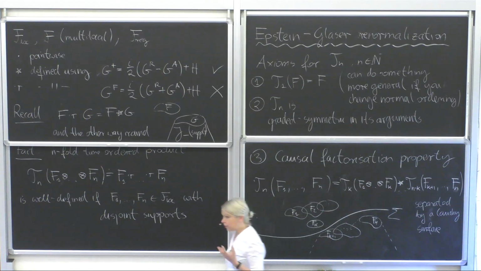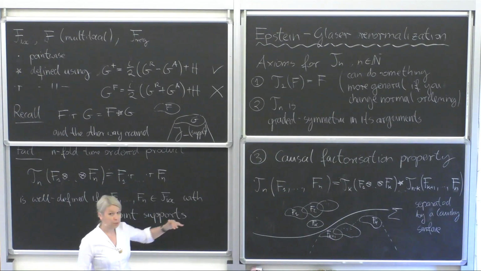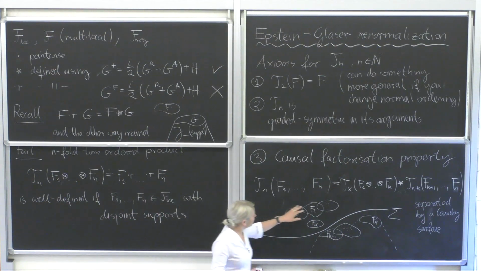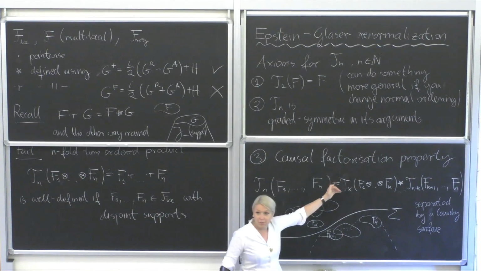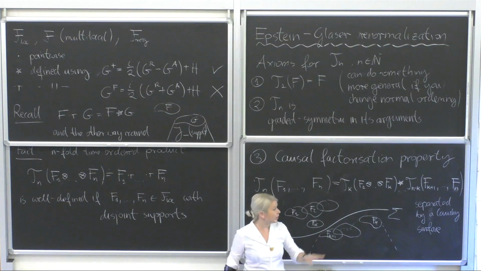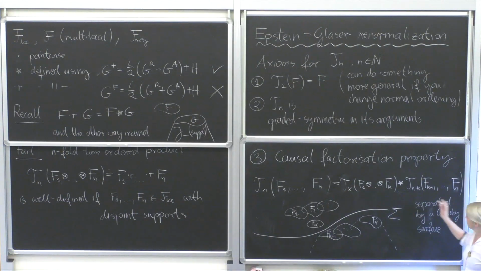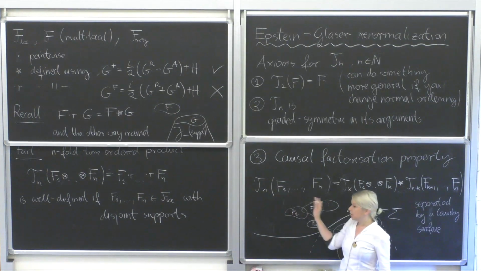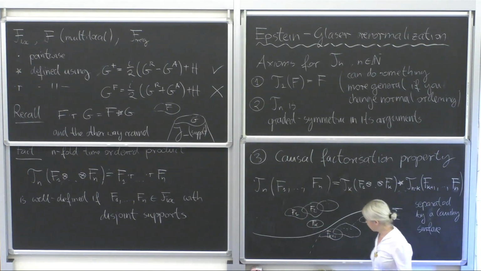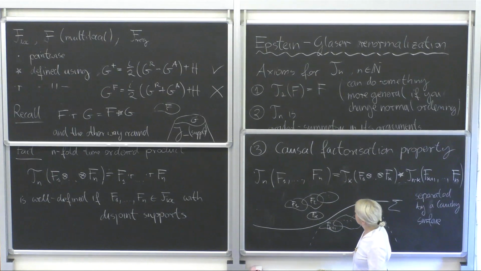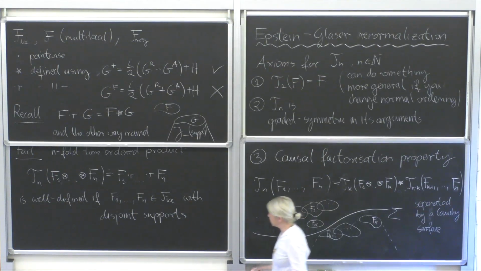So if I had the prescription for T_k for k strictly less than n, then I can use that to construct more general T_n's. So it's almost what we want.